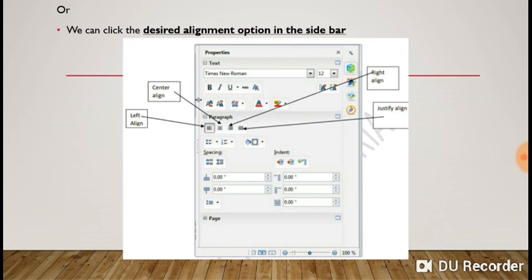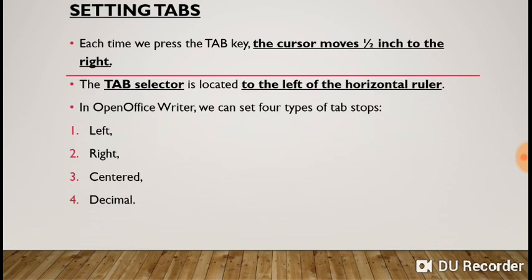Now we will discuss tabs. How to set a tab? Firstly, let us discuss what a tab is. You might have seen the Tab button on the keyboard, and there is a Space button also. When we press the space bar once, it gives space for one character only. Sometimes we want to move our cursor position by more than one character at a time.